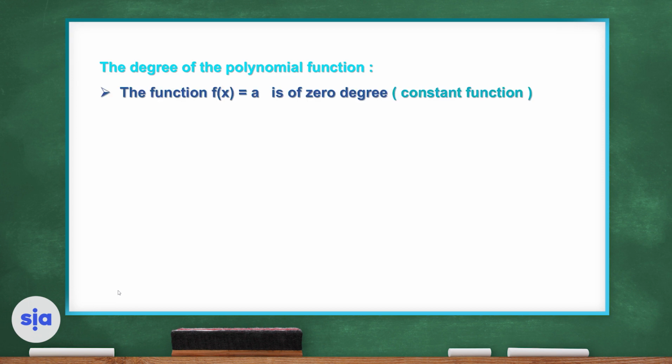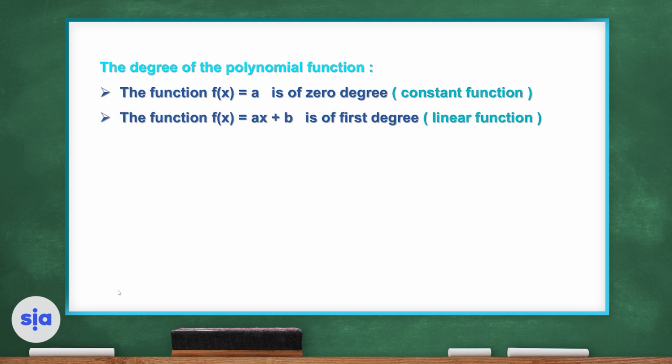For example, if you have f of x equals a constant, a number like 5, 7, 8, 9, whatever, this is called the constant function and its degree is 0. How about f of x equals ax plus b? What is the power of x here?